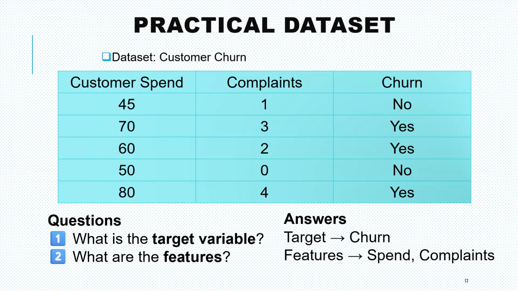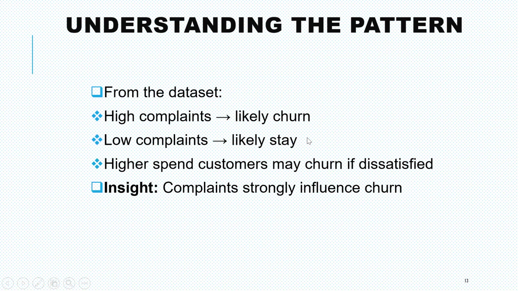So from what we just observed, from the data set we just observed, high complaints mean likely what? Churn. Those who complain very little are likely to stay. The implication is simple.